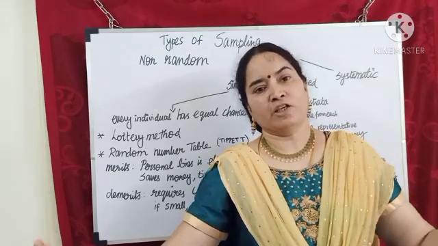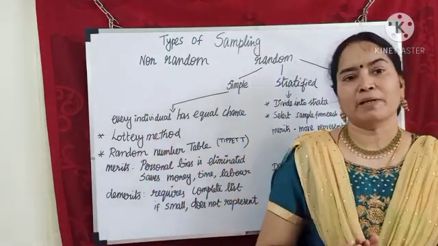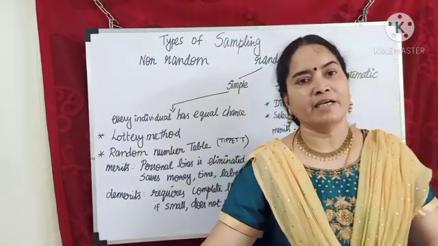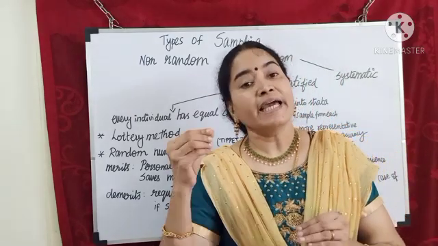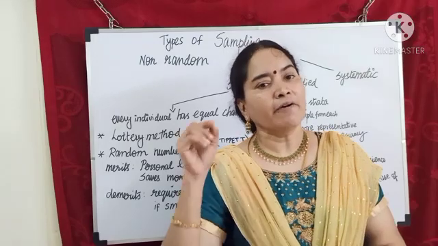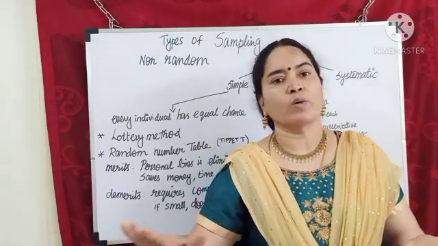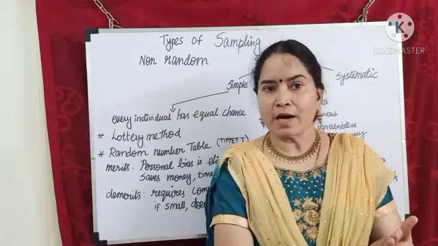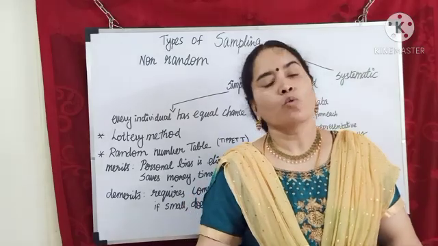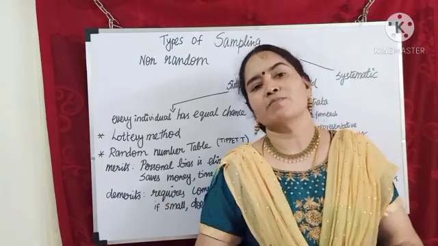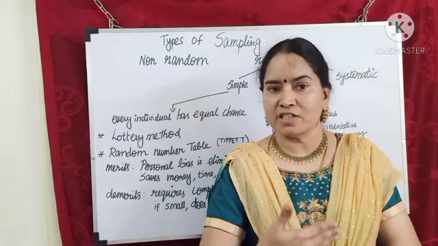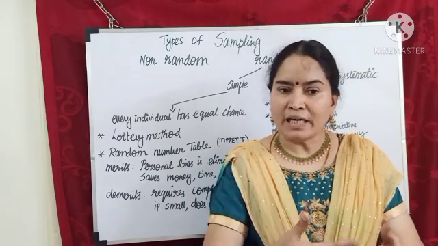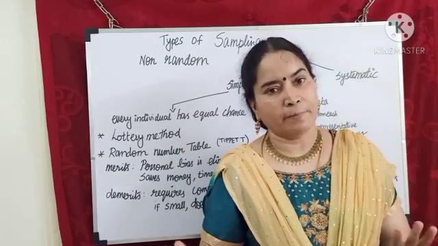So a full page of the random numbers table contains a combination of digits from 0 to 9 in a manner that every digit comes equally. So 0 comes 100 times on that page, 1 also will come 100 times, 2 also will come 100 times. So every digit is equally repeated on a particular page.